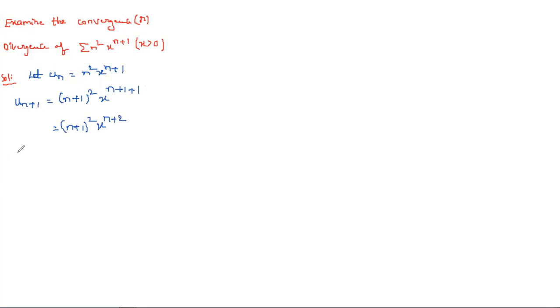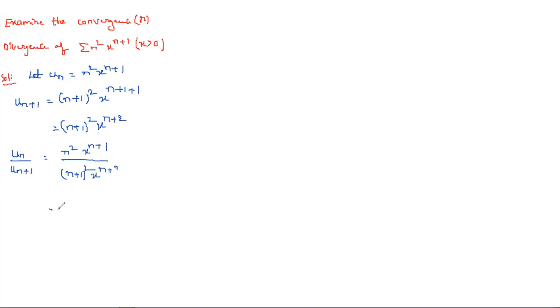Now you can divide these two. u_n by u_{n+1} is equal to n square x power n plus 1 by (n plus 1) whole square x power n plus 2.